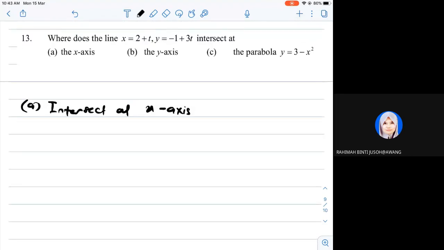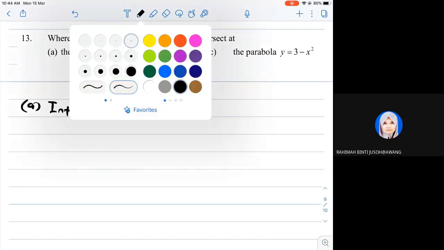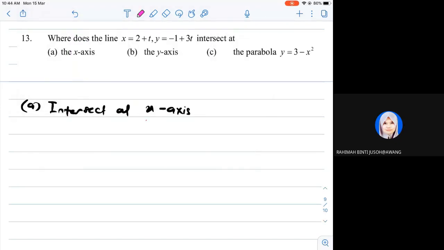Logically, we have already learned the chapter on graph sketching. If it says a straight line intersects the x-axis, so what happens to the coordinate y? 0. 0. Okay, good, well done. When we say the line intersects the x-axis, thus y equals to 0. Okay, very good.